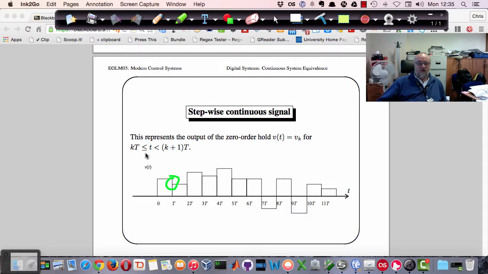So that's v of k when t is equal to kT, and then we basically hold that value for that period there, which is up to (k plus 1) times T. So essentially for that one unit step there, we're generating a piecewise continuous function where the starting value is the value of the sample function at the time at which the sample is taken, and that's held for the period until the next sample is taken, and then we move on. As you can see by this, we get a stepwise continuous signal.